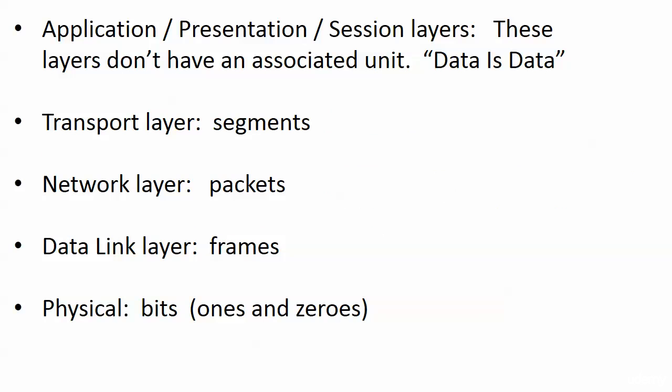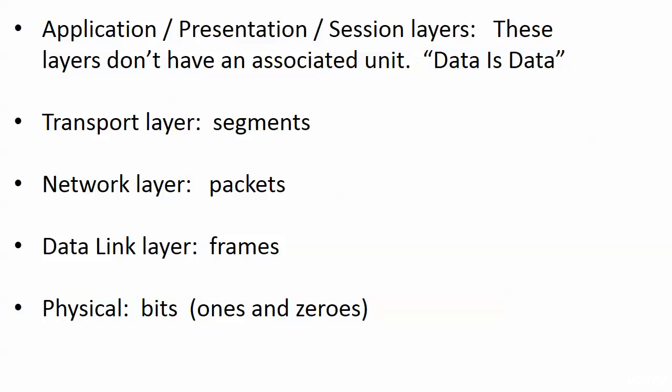Now, the application, presentation, and session layers, the ones that in our network admin jobs we really don't have a lot to do with, do not have an associated data unit. Data is data, however you want to put it. It has not yet started to be prepared for transmission. Now at the transport layer, our data unit is segments.